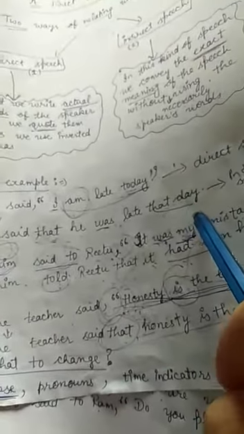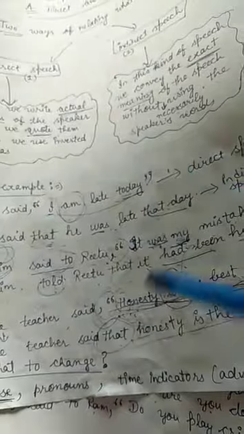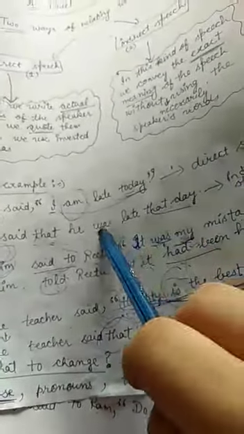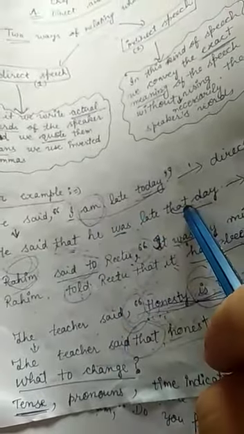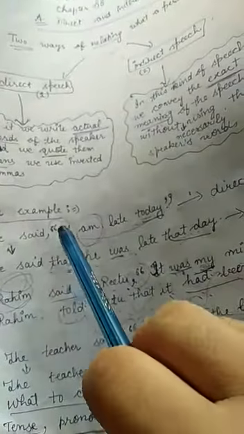So according to my point of view, according to my own ideology, I'm just making the sentence, but see, the meaning is the same. We are not going to change the meaning. So he said to omit inverted commas, I have used that.